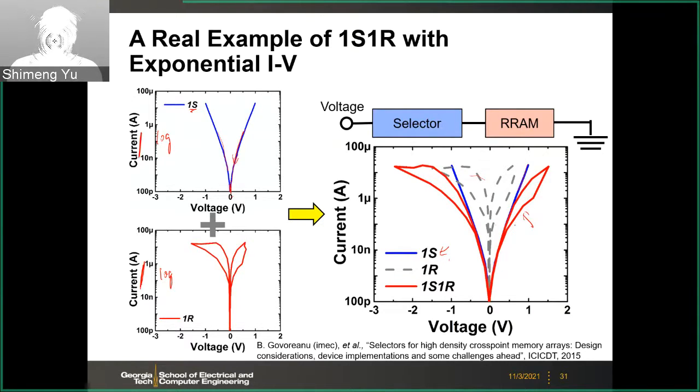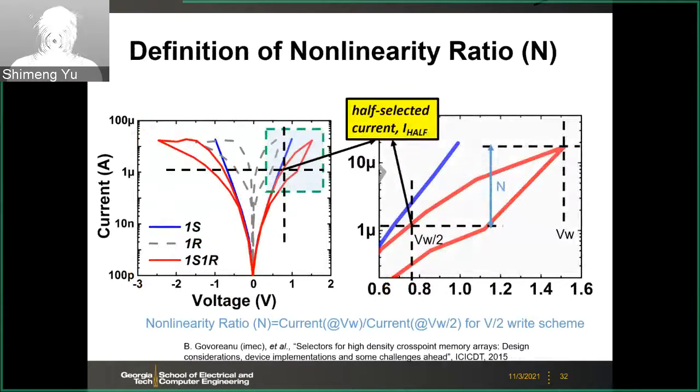The red curve is what we wish, because here you can see the current is suppressed at the V over 2. For example, this is a zoom in of this green box region. This point is your write voltage, where you change from the HRS, high resistance state, to the low resistance state, and half of that is around here.